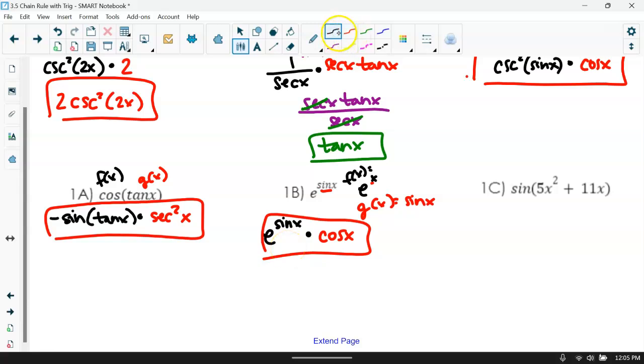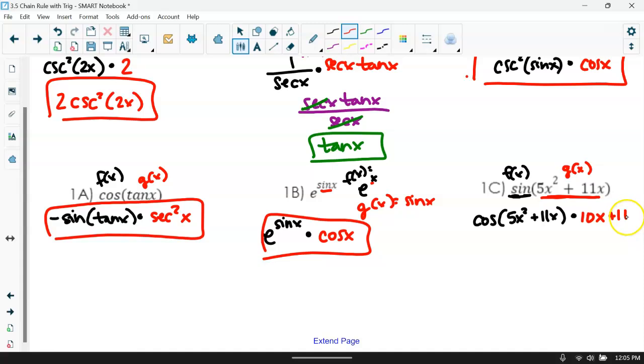And last here, we're starting off with our outside f of x function, which is derivative of sine, followed by our inside function here, 5x squared plus 11x. Derivative of sine is cosine, so cosine of 5x squared plus 11x. Then times the derivative of our g of x inside function, which is 10x plus 11.